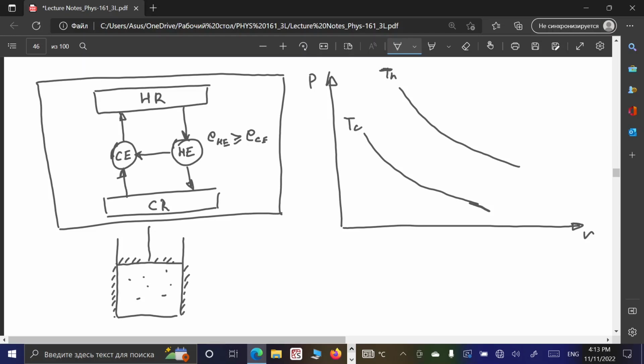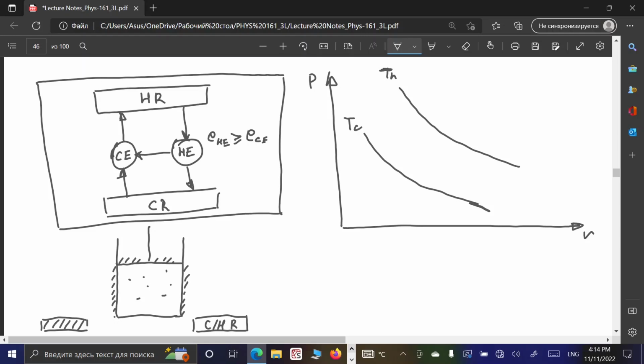Then there are two options for the base part. It's either some thermal insulator, which, if we place it underneath the cylinder, will block completely any heat transfer from the ideal gas to the external environment and in the opposite direction. Or we have a cold or hot reservoir. So we can replace the thermal insulator with a cold or hot reservoir, depending on the steps of the Carnot cycle.